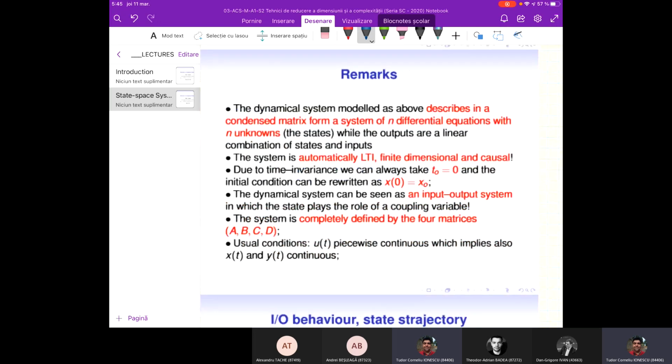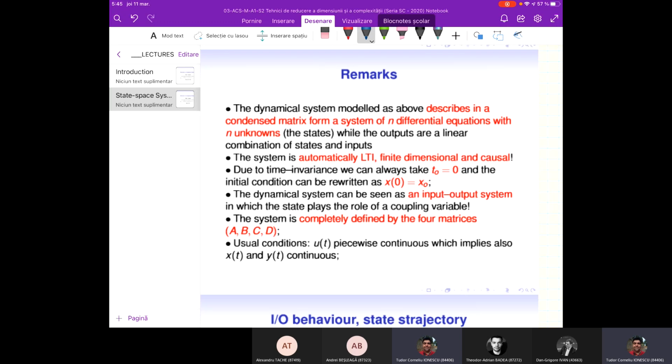So a few remarks are in order at this moment, so we can clearly understand the object we deal with. The dynamical system model above describes, in a condensed matrix form, a system of n differential equations with n unknowns.